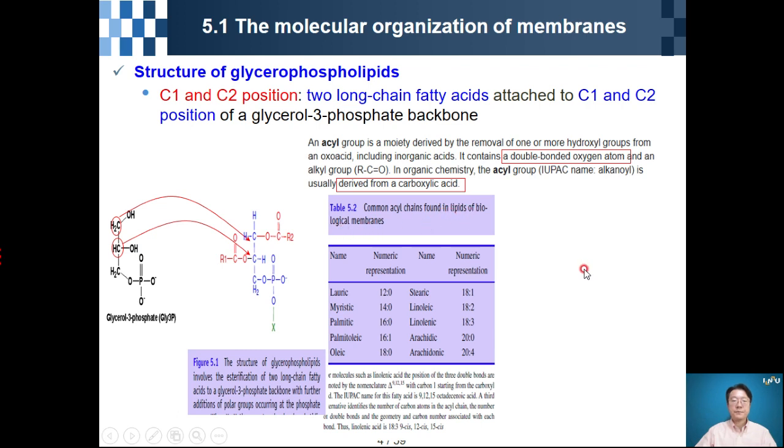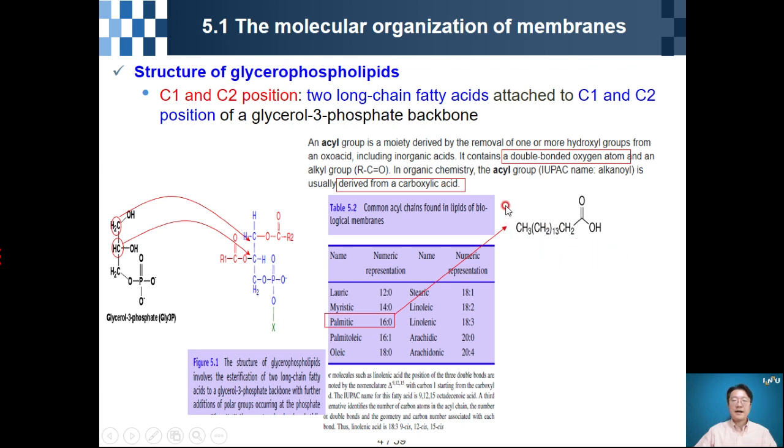The very famous one is palmitic acid. It has the carboxyl group, and it is composed of 16 carbons. In total it is 16 carbons.